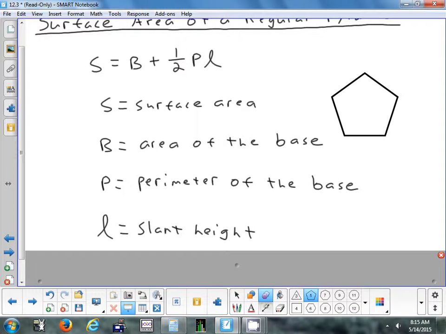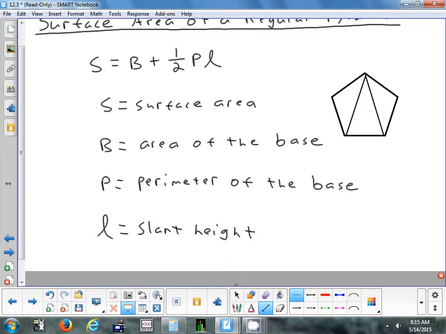If you could make some triangles out of this, maybe you could figure out the area of one of those triangles. I don't think they'd all be the same here, but 2 of them look like they'd be the same, and one of them might be different. But for us, the easiest thing is we'll just look up the formula and use that.